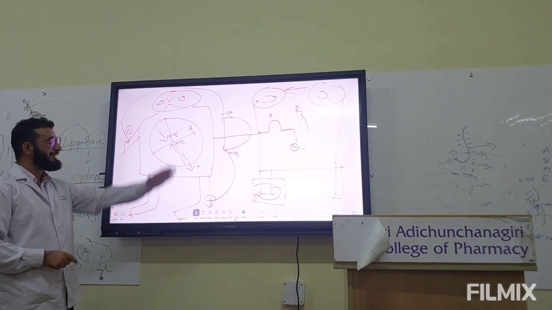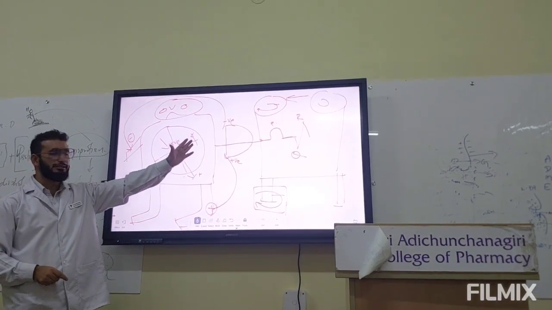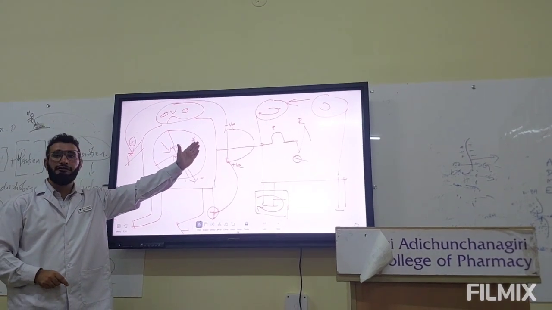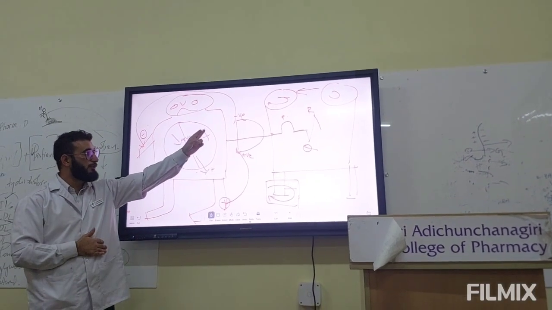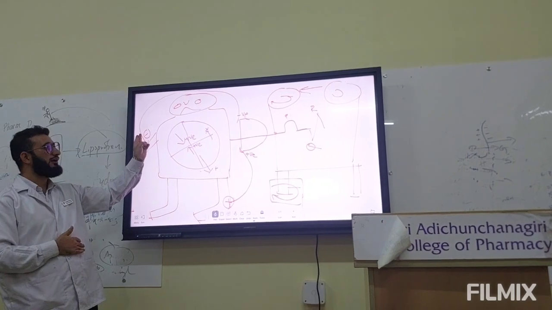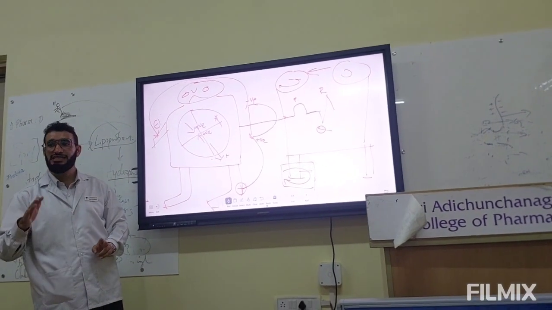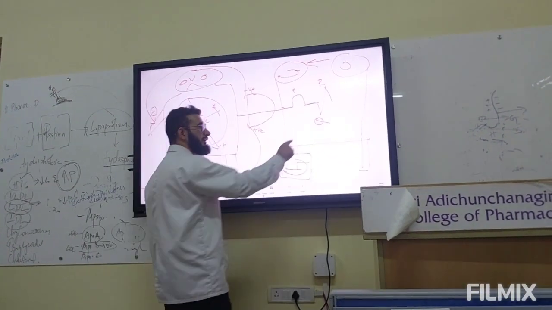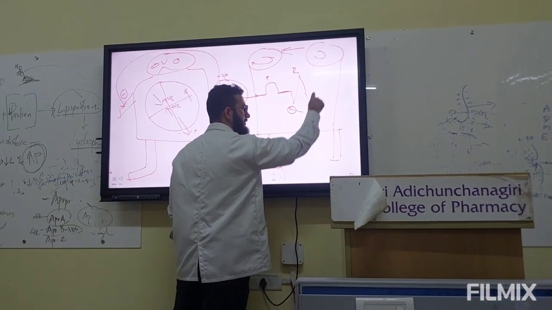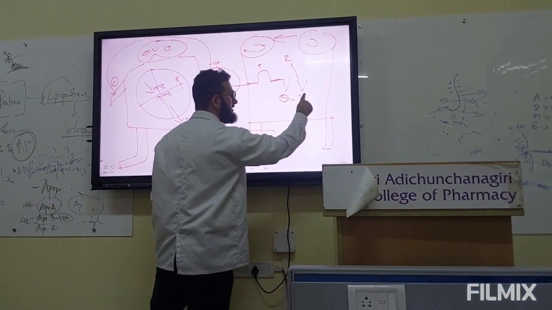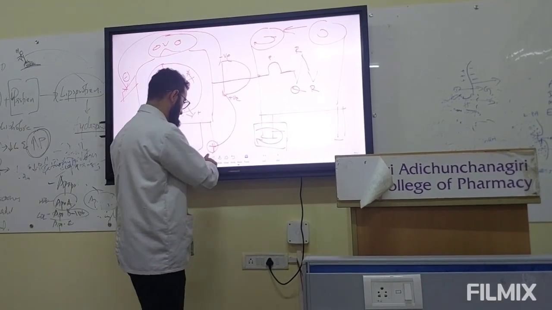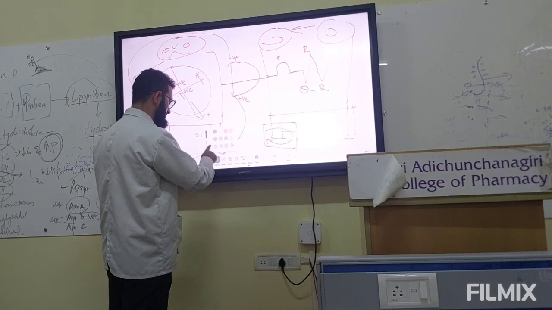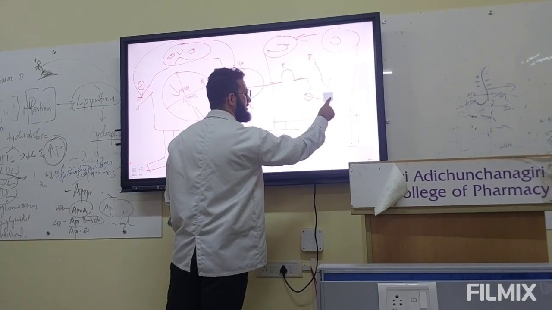Then later on, which part will get stimulated? The basal ventricles. The basal ventricles carry positive charge towards the negative electrode, so the deflection will be negative, and it's rapid, like this. Which wave is this? R wave, sorry, S wave.